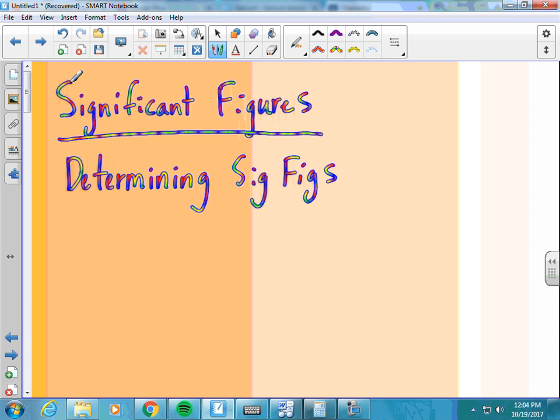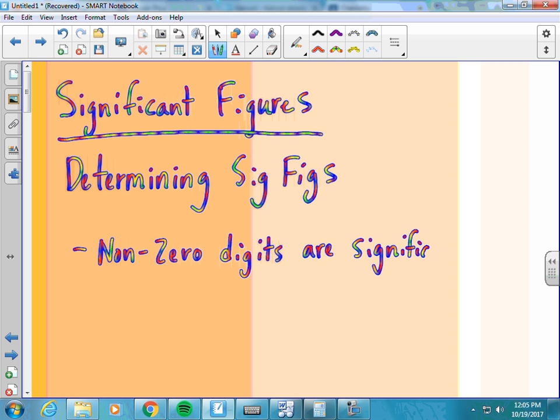So when we get a number to look at and try to determine the number of significant figures, the first thing we do is we look for any non-zero digits. So non-zero digits are significant. All right.